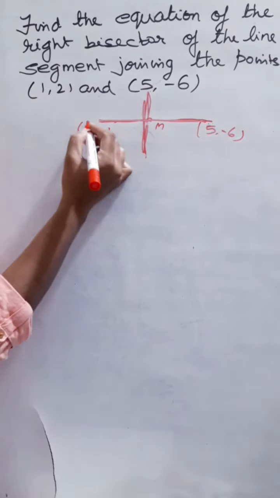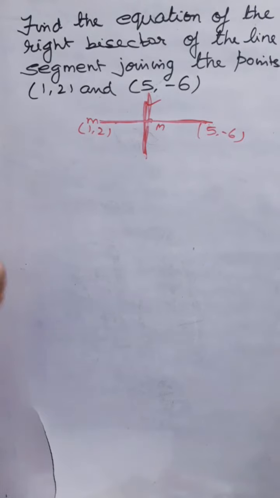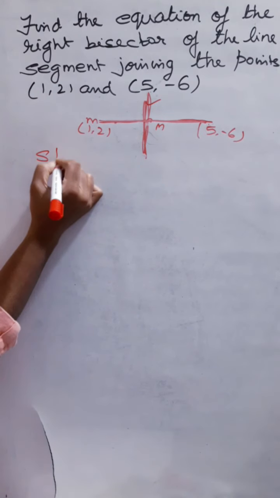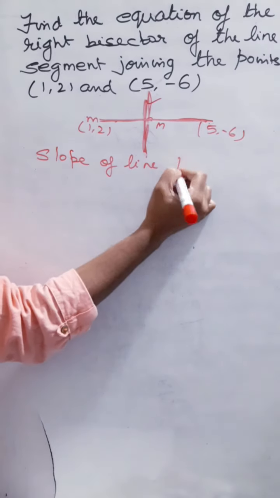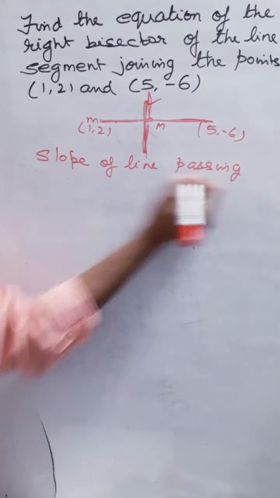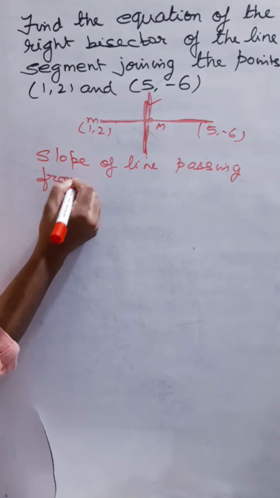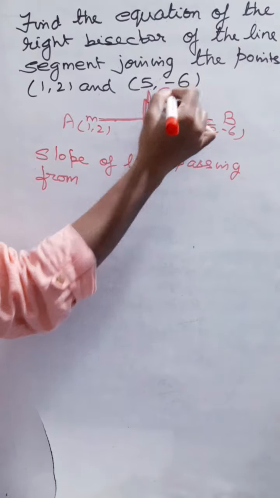So first, I will find the slope of this line. Slope of the line passing through, I can take this as AB and this as CD.